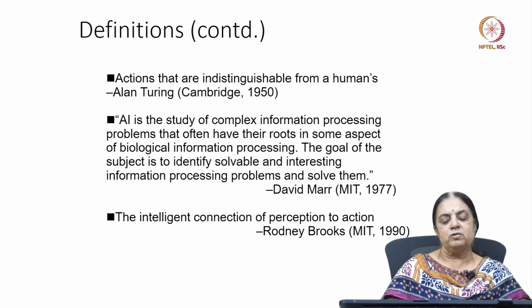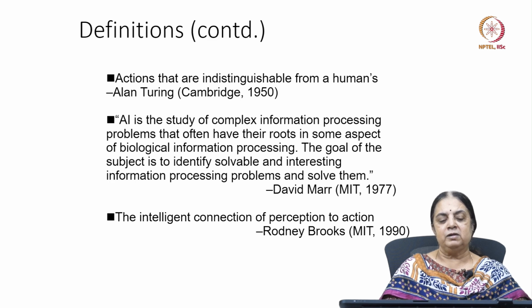Here are some more definitions from different places. So the famous Alan Turing, so you have the Turing test which we will talk about a little later. Actions that are indistinguishable from a human's. So if the machine carries out a task which looks like it's been carried out by a human being. AI is the study of complex information processing problems that often have their roots in some aspect of biological information processing.